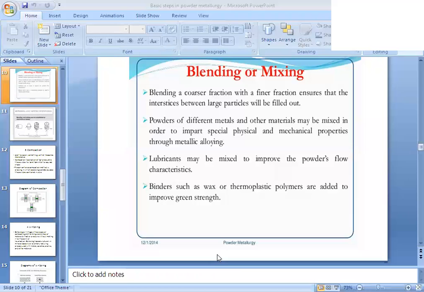Binders such as wax or thermoplastic polymers are added to improve the green strength.